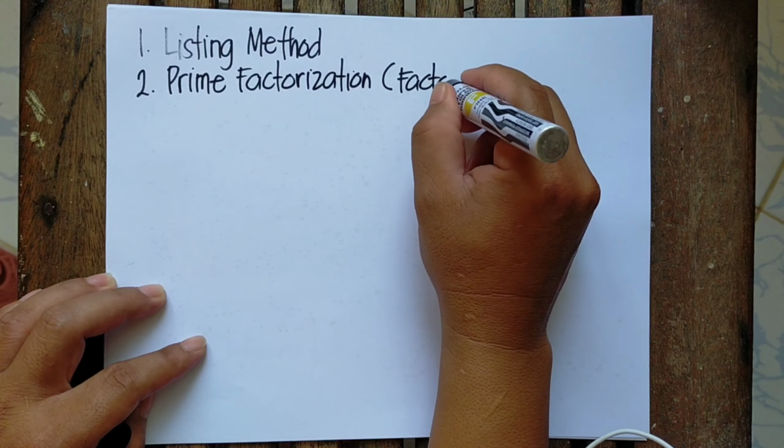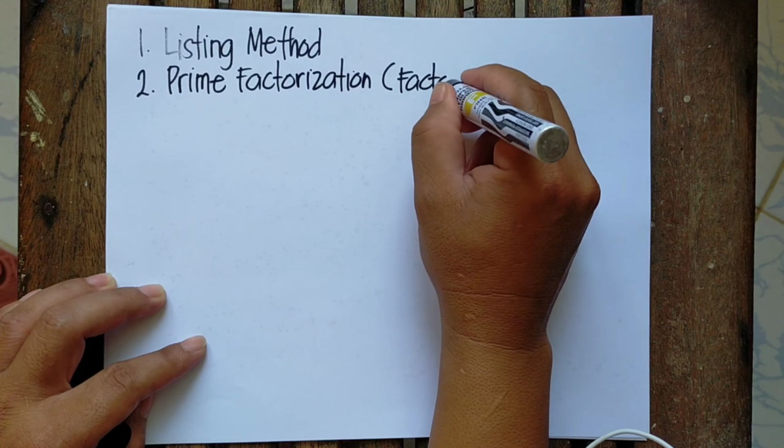Our fractions are 2/3, 1/2, and 3/4. So the denominators are 3, 2, and 4. So let us write here 3, 2, and 4. Then let us determine the multiples of 3, 2, and 4. Let's start with 3.